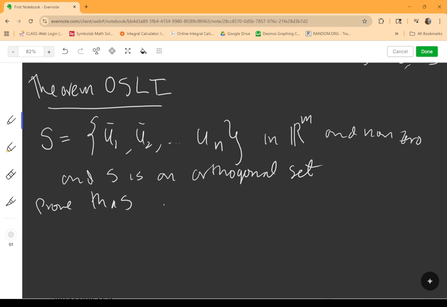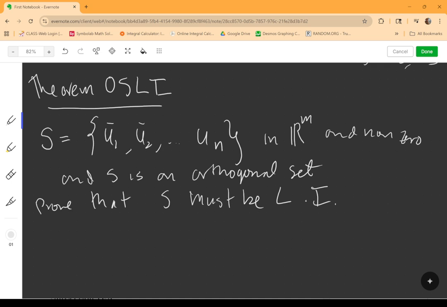So we want to prove that S must be linearly independent.